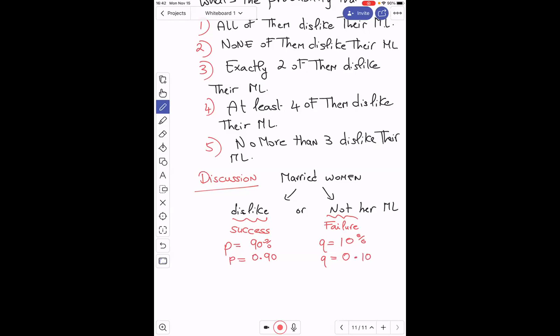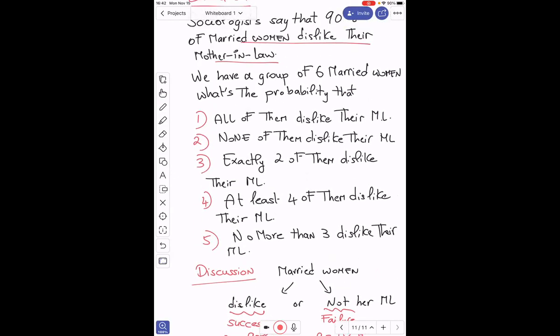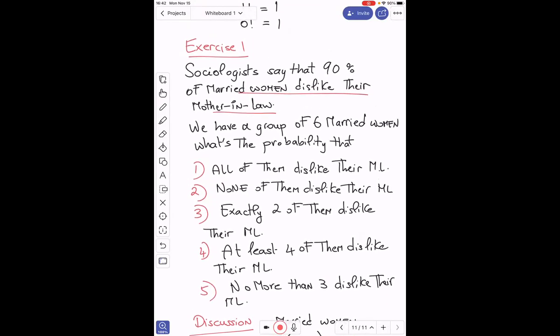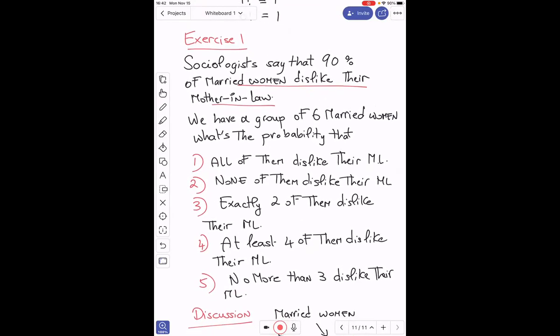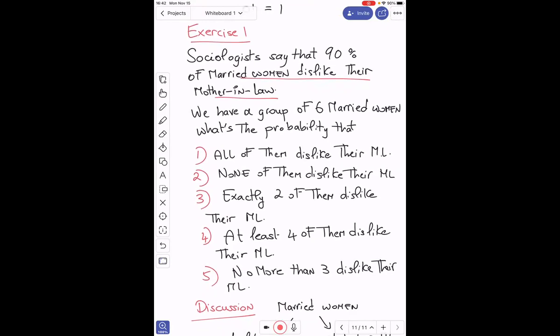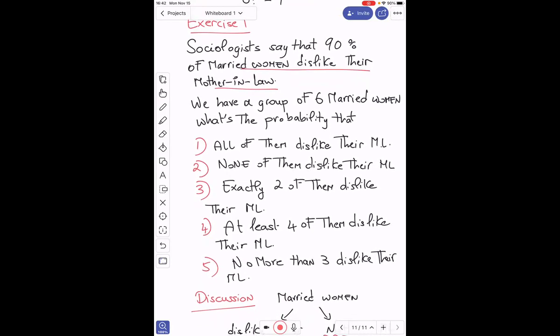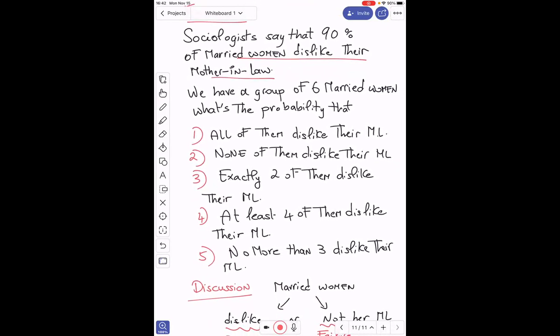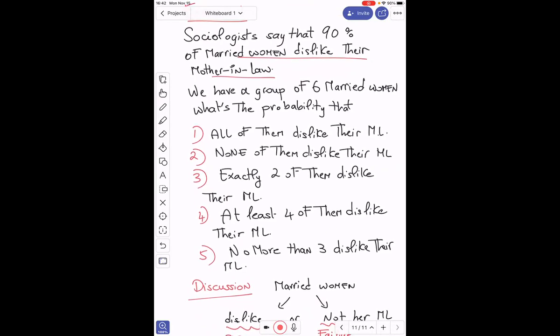Now, what's the number of trials here in this question? How many times are we going to check if the married woman dislikes her mother-in-law or not? Any guess? Number of trials? N equals 6. Thank you, Gina Booher.